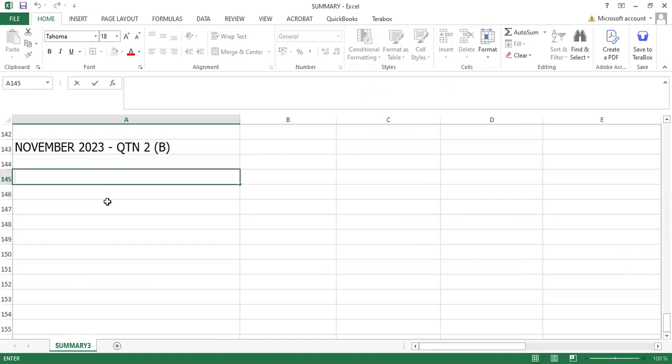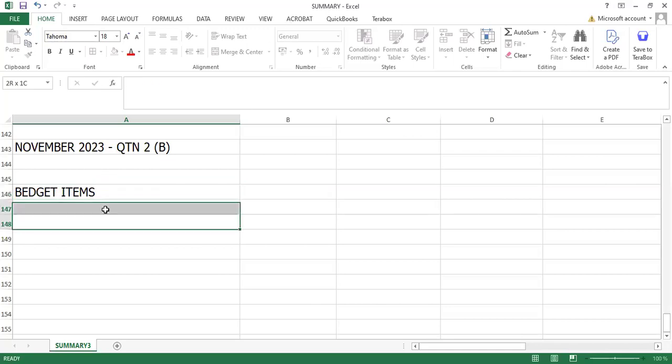I am not going to do everything, just to illustrate. Your budget performance will have your budget lines, budget items, like the way they are given in the example, just copy and put them here.